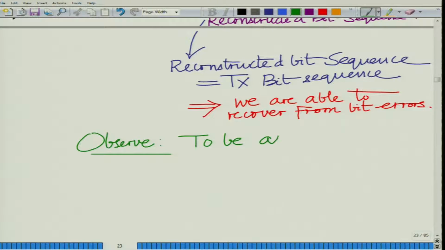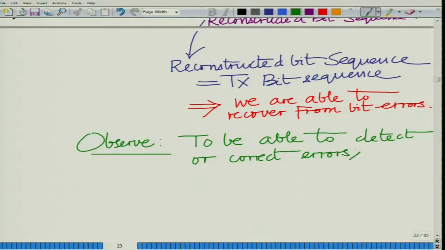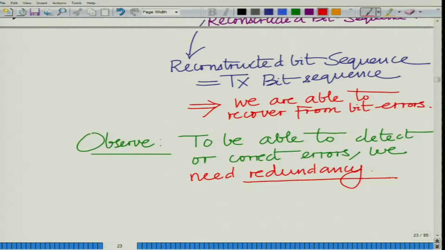So that is the first point: to be able to detect or correct errors, we need redundancy.